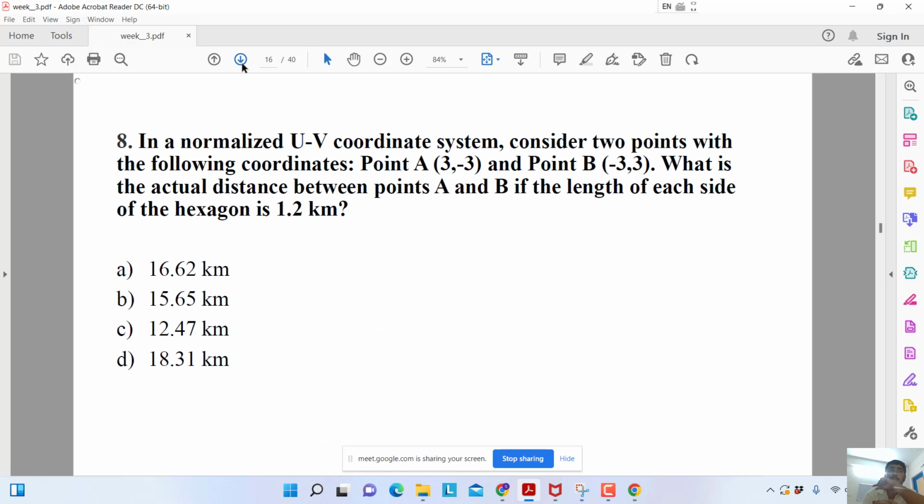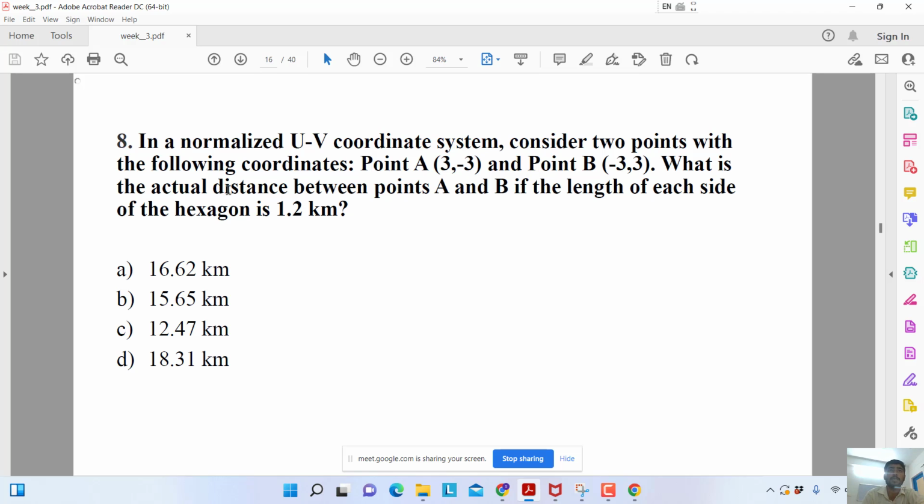Next question is displayed. Please read and try to answer. Question number 8 is: in a normalized UV coordinate system, consider 2 points with the following coordinates, point A and point B. What is the actual distance between point A and point B if the length of each side of the hexagon is 1.2 kilometers?